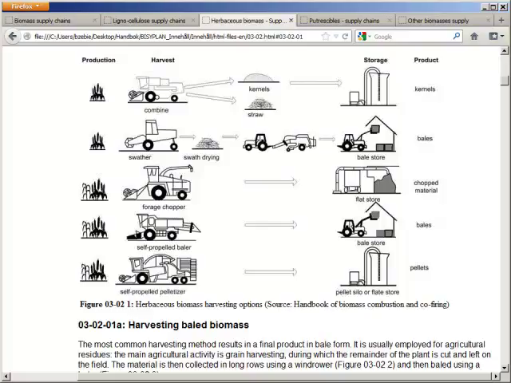So the choice of harvesting method and the choice of treatment of the material in the field, whether a baler already at the harvesting or open air drying with subsequent baling, both results in bales which are very much more economical from a transport point of view than ever loose material.